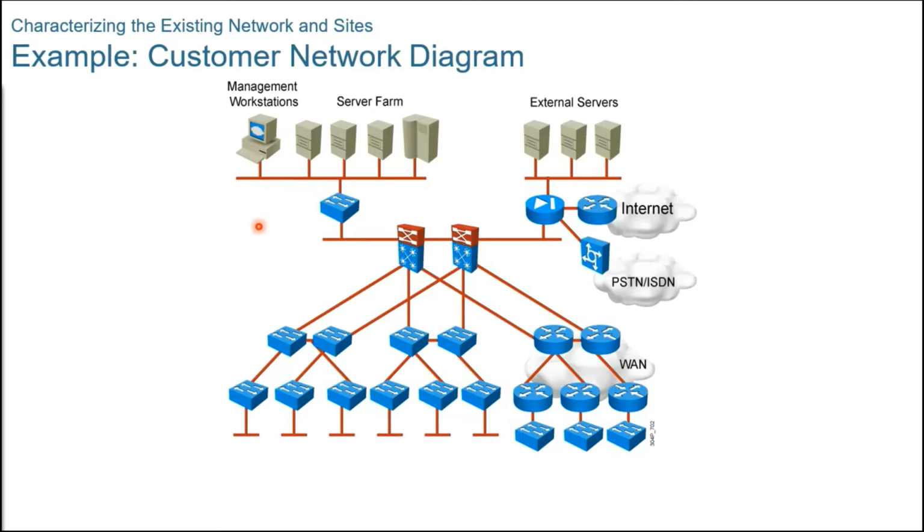What routing protocols are in use? Are there any server farm or remote data center connectivity requirements? What network management tools are in place? It is important to get as much information as possible about the existing situation before commencing the design.